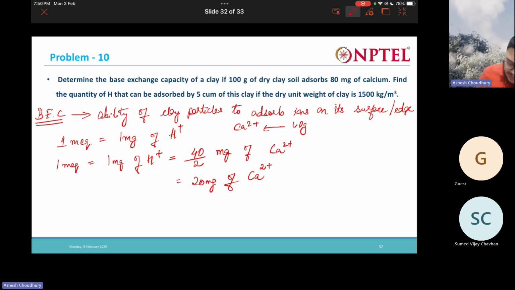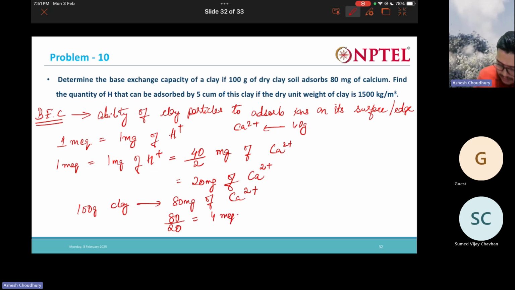Now it is given in the question that 100 gram clay absorbs 80 milligram of Ca2 plus. That means how many milli equivalents? 80 by 20 equal to 4 milli equivalent. So for 100 gram clay, 4 milli equivalent is adsorbed.